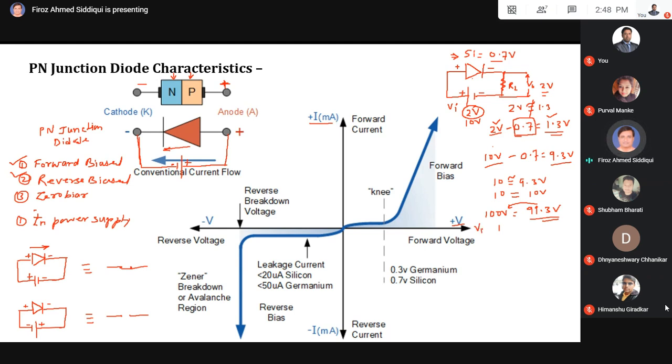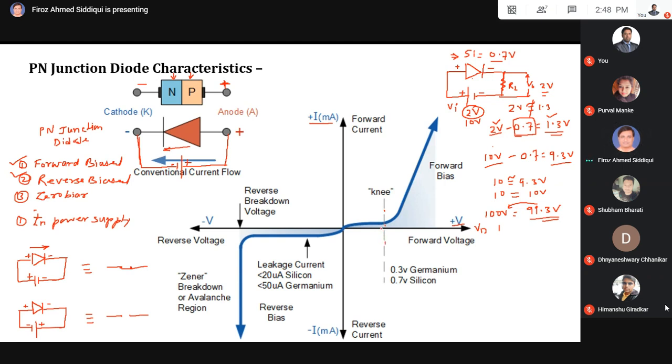You can also take it as VD, the voltage across the diode. So the current flowing through the diode is I and the voltage across the diode is V. If we plot this, we will get this type of characteristics. So what is this knee?